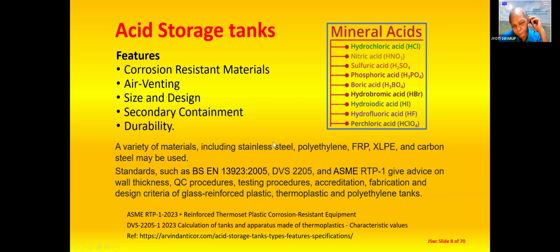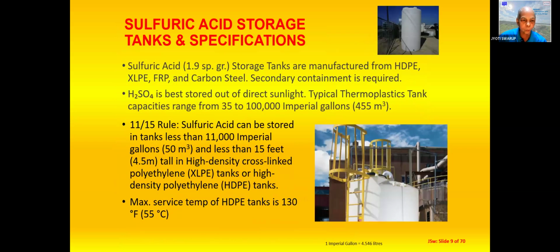While today's discussion is more in terms of larger tanks which can be carbon steel or steel, just to let you know that HDPE tanks or FRP tanks are available in the market in relatively smaller sizes, which can be purchased and directly used for storage and transport of sulfuric acid.